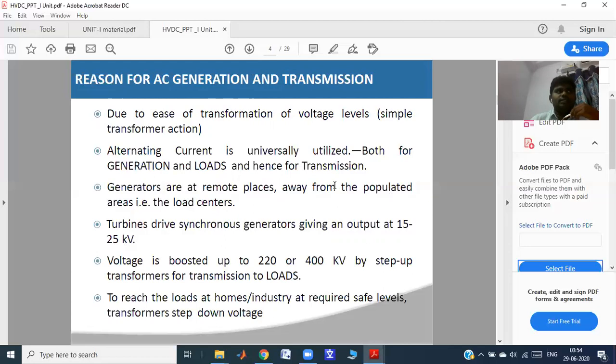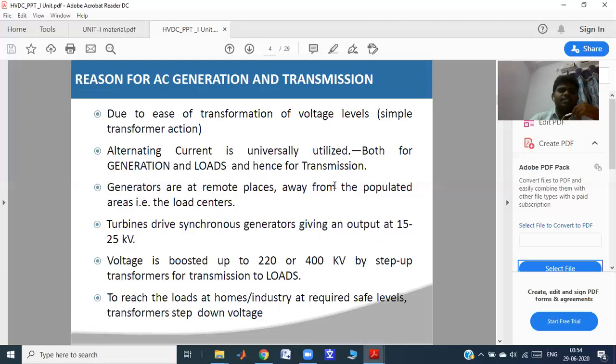That means in the case of hydroelectric power plants, reservoir dams, and in the case of thermal power plants, thermal power stations are located at remote places. That means far away from the load centers. Turbine driven synchronous generators give an output of 15 to 25 kilovolts.